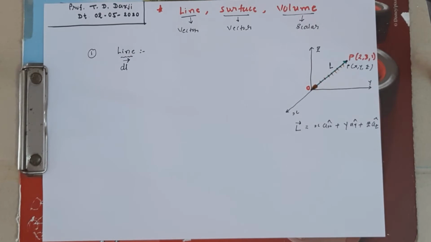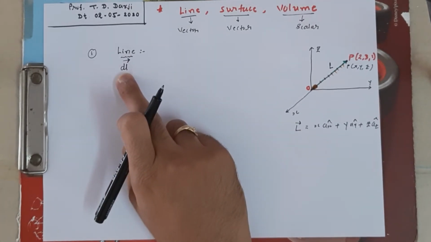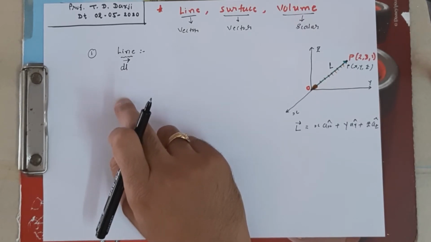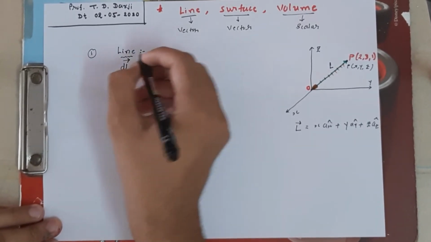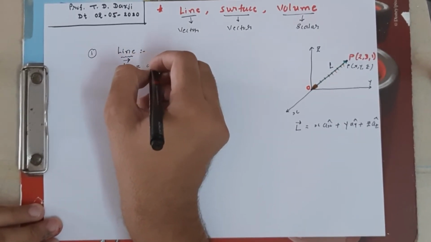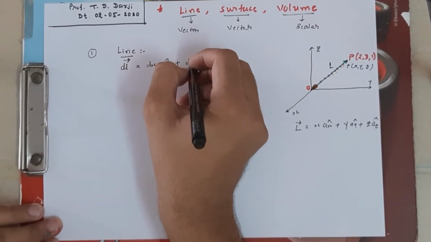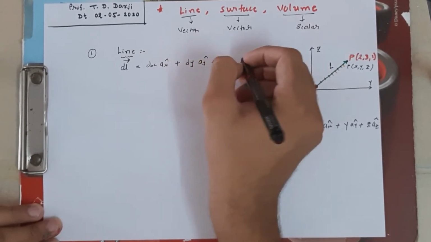So this is a differential line. I have to write the equation of differential line in Cartesian, cylindrical, and finally spherical coordinate systems. In Cartesian, dl equals dx ax plus dy ay plus dz az.